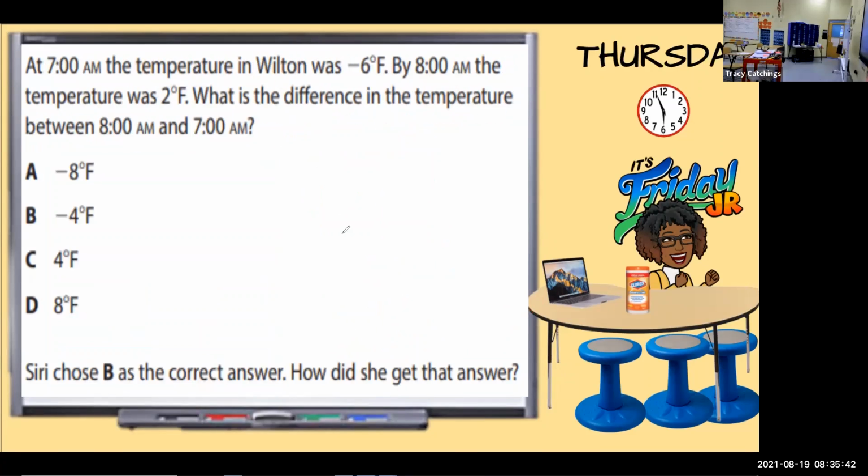All right, I'm going to give you about 30 seconds to a minute. Read the question and see if you can write an expression.